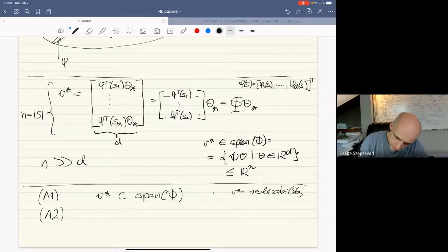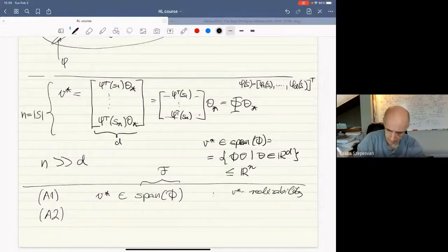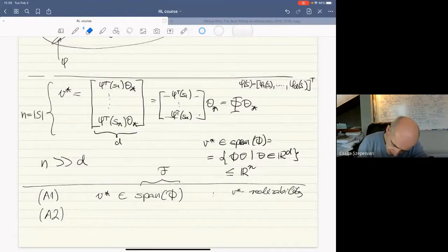If you want, you can generalize all of this by putting here an arbitrary subset of all functions defined over the state space. And then you have V star realizability for neural networks, whatnot. Anyways, another assumption would be that for all policies of the MDP, all memoryless policies of the MDP, V pi, the value function of the policy, lives in the span.